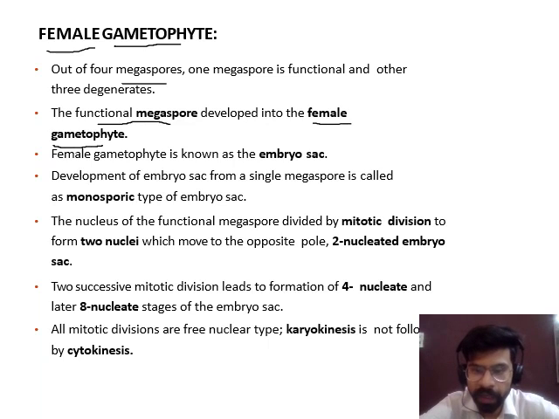Suppose I give you a condition that if a plant contains four megaspores, on maturation how many female gametophytes are formed? The answer is only one, because only one megaspore is functional.